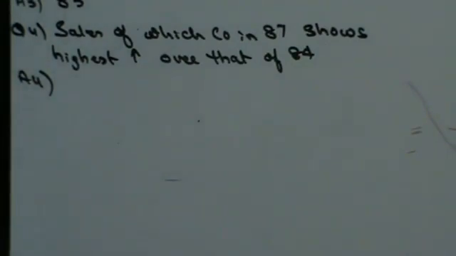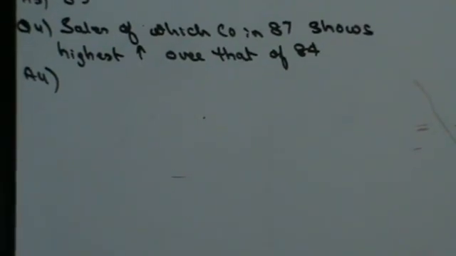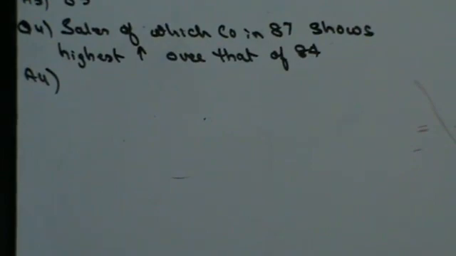Let's see this. You have 1000 as the sales of company 1 in 1987 and 864, so that is going to be 136 approximately. Company 2, 1060 minus 785, so approximately 280.